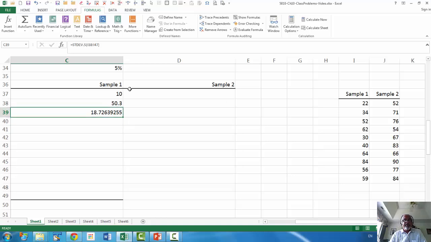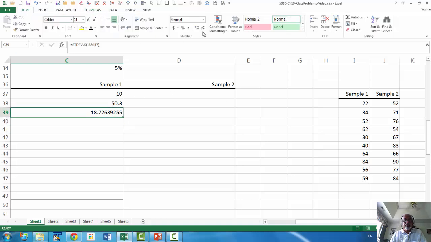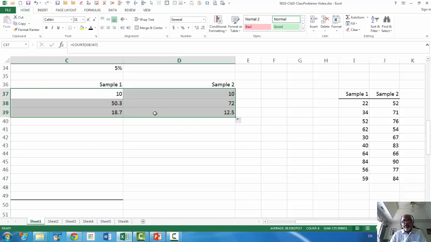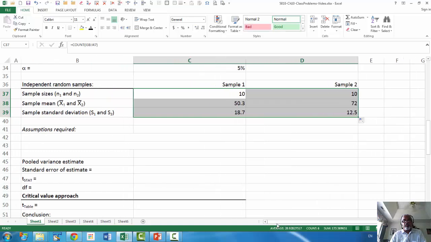Okay, so now we copy that over. That's for sample 2. So now we have all the sample statistics that we need, and let's state the assumptions required.